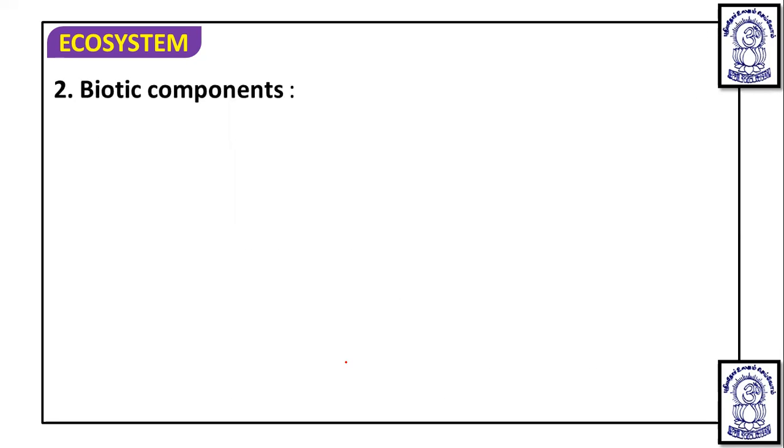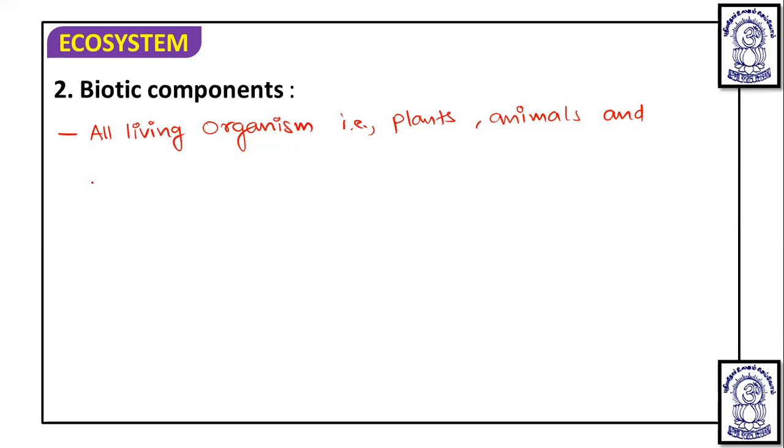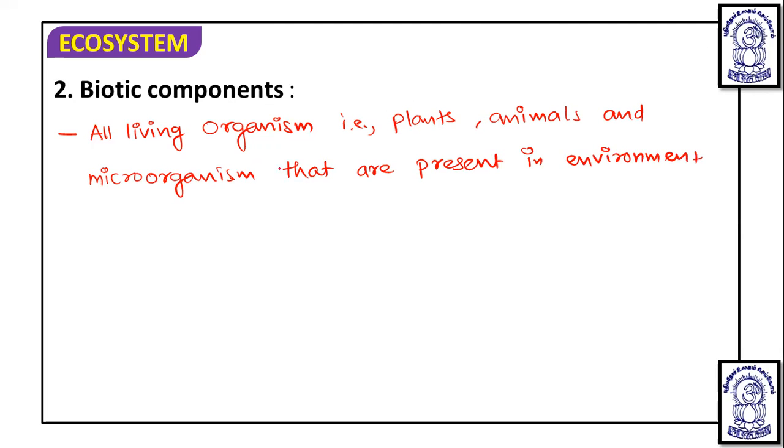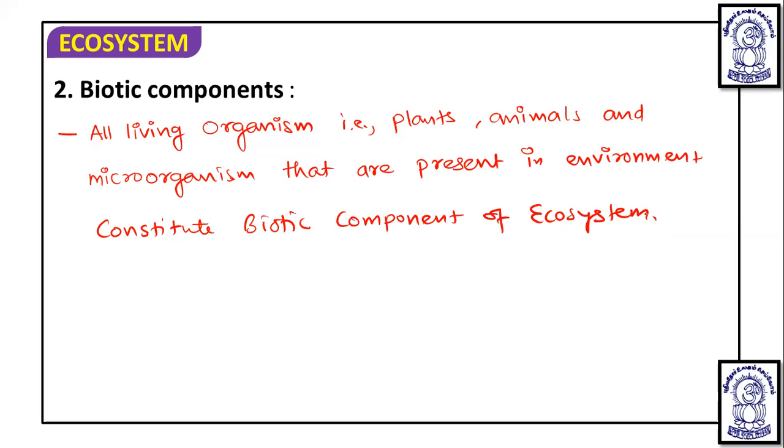So if we talk about this biotic component, all living organisms, that is plants, animals, and microorganisms that are present in the environment, constitute or make the biotic component of the ecosystem, meaning the living component of the system.